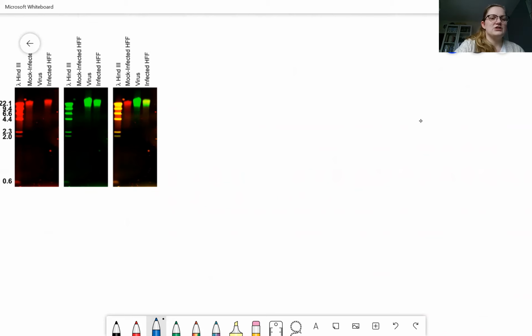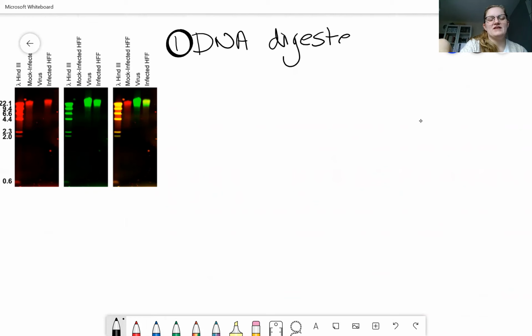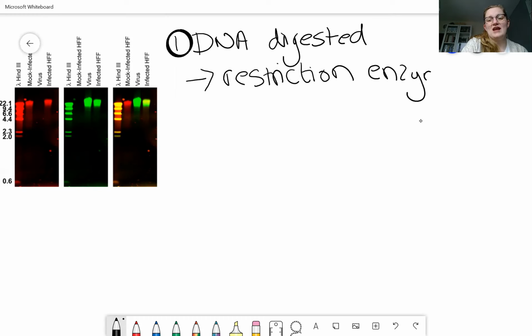When we attach these labels, the first thing that has to be done is the DNA has to be digested by restriction enzymes. And then, like we've done lots of times before, we separate it using gel electrophoresis.